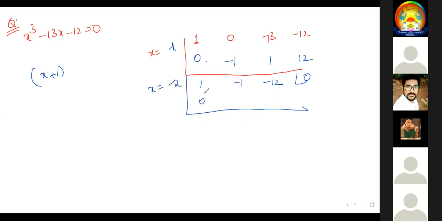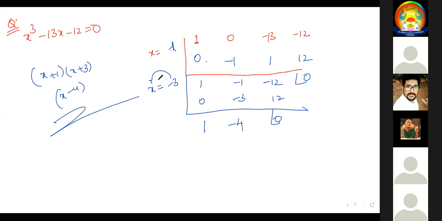Now minus 2. 1 minus 2s are minus 2, minus 3. Minus 3 minus 2s are 6. It's also not satisfying. Next, minus 3. 1 minus 3s are minus 3. It becomes minus 4. Minus 4 minus 3s are 12. It becomes 0. So x plus 3 equal to 0, and the last one becomes x minus 4. These are the factors.